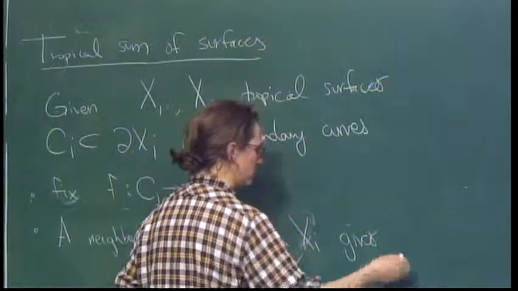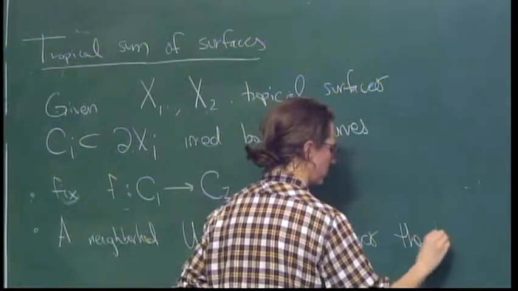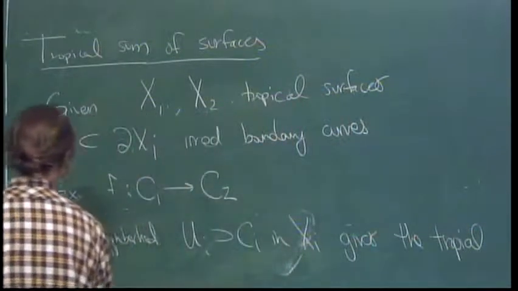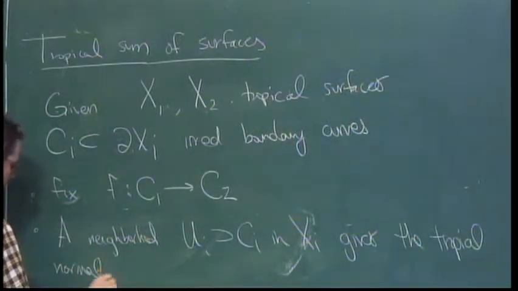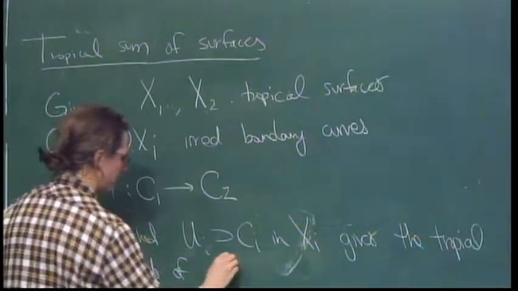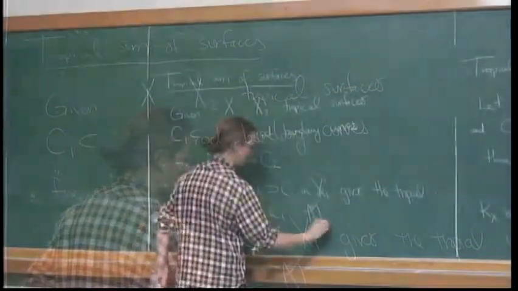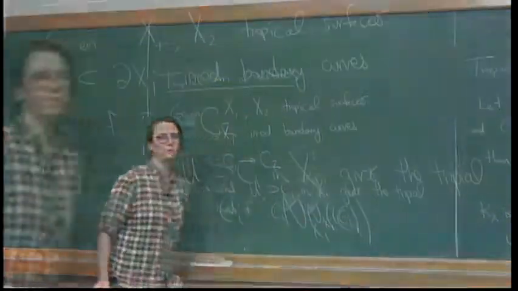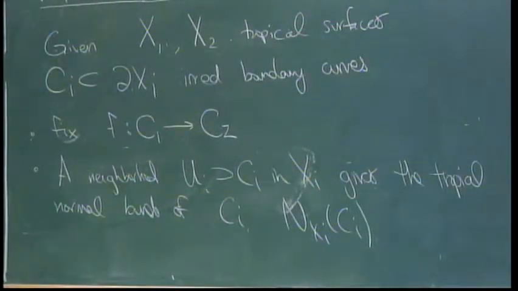From this neighborhood, we can construct the tropical normal bundle of C_i. So Matt didn't talk about tropical line bundles, but basically all the ingredients are there, of divisors and Picard group and everything.